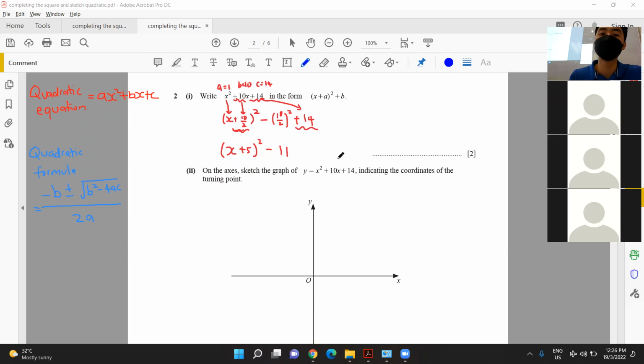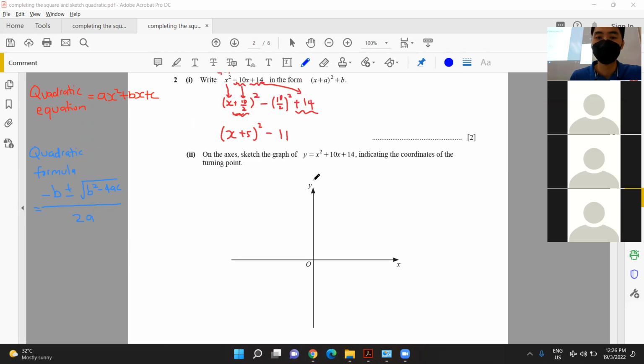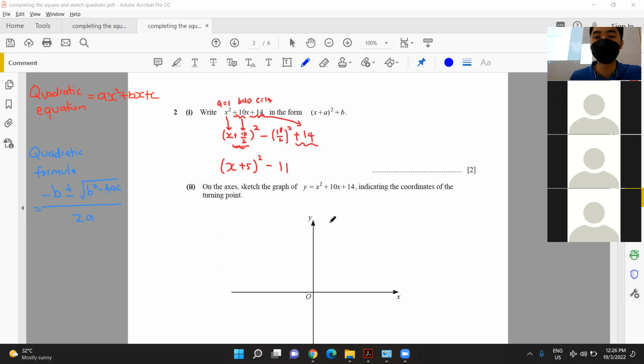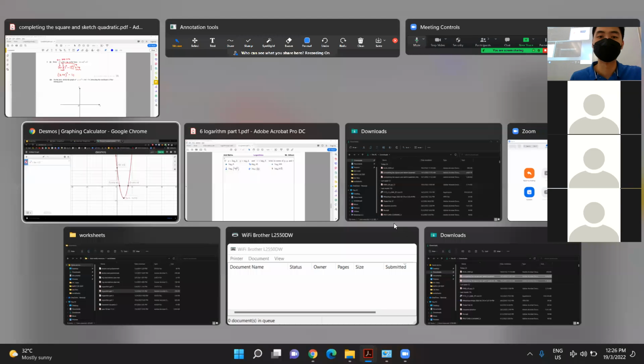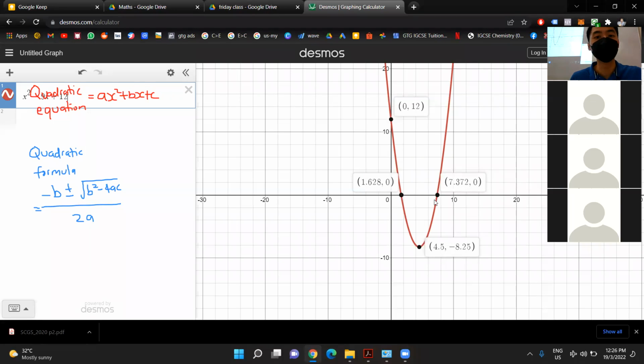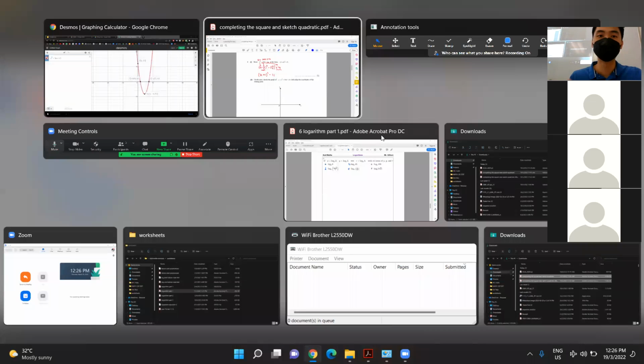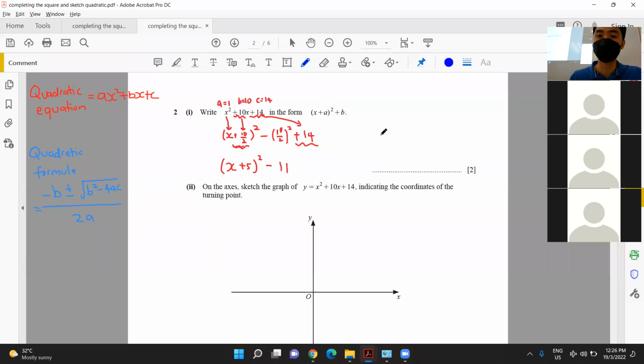We need to sketch the graph indicating the turning point and also the y-axis intercept and the x-axis intercept. Okay, what do I mean? If you look at the graph that I sketched here, you have two values that intercept the x-axis, and then you have one value that intercepts the y-axis. We need to be able to determine where these points are.